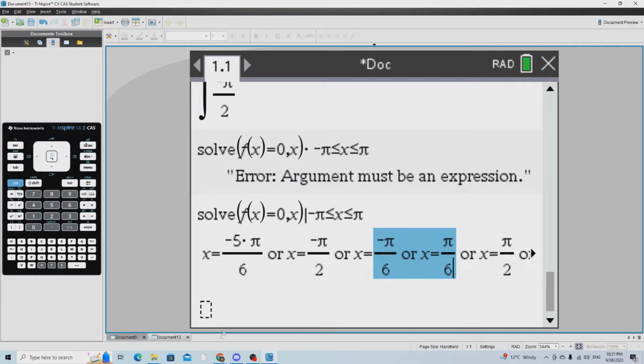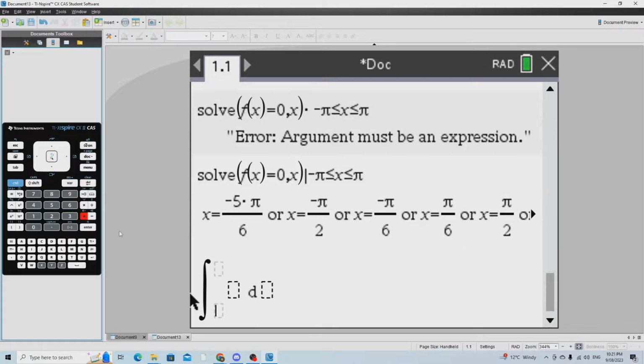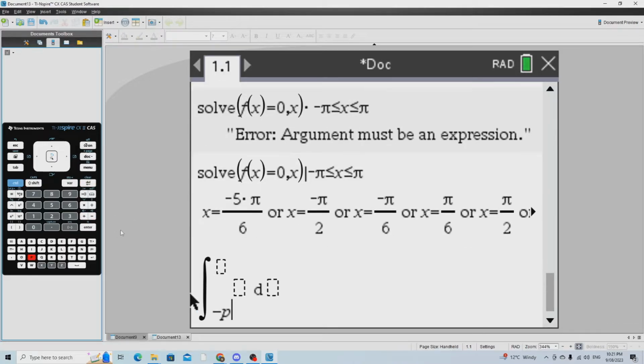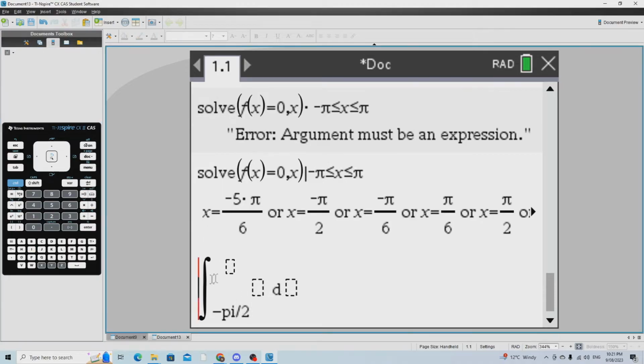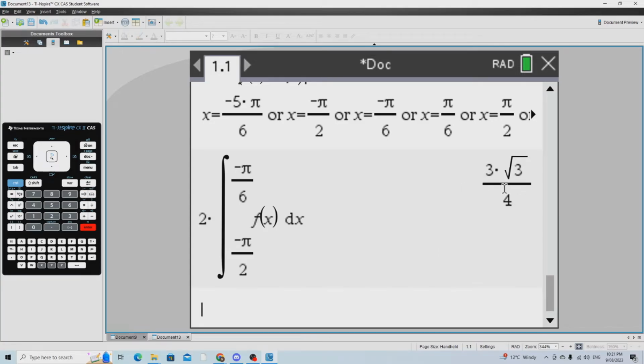So what is the integral from negative pi over 2 to negative pi over 6 of f of x dx? And we get root 3 this.